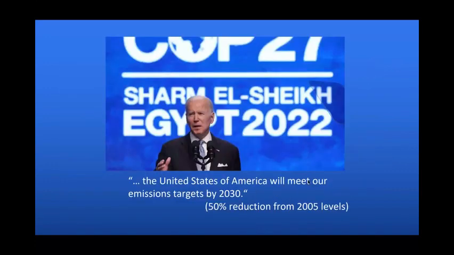One thing that I'll point out also at this COP27 summit, when President Biden spoke, he reiterated that the United States will meet its goal for emissions targets by 2030, and that's a 50% reduction in emissions from 2005 levels. And I want to just talk about that for a moment, which is emissions reductions are very important and really, really good.